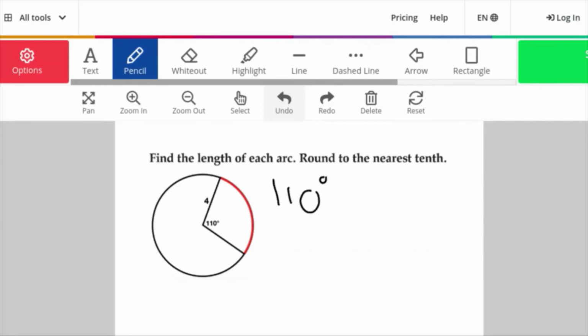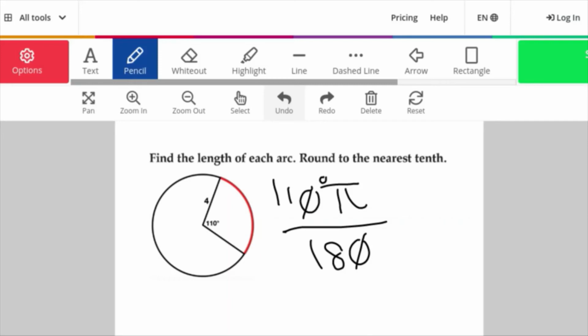So 110 degrees, how we convert that, I already made a video before. You just have to do it in terms of pi over 180. You could do it however you like, whatever sequence you want to follow. So first I'll just simplify these. That's all we can simplify. So 11 over 18 times pi.